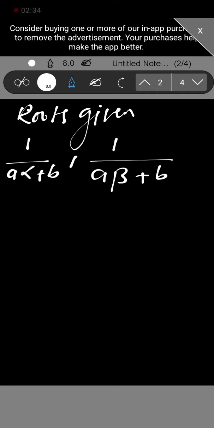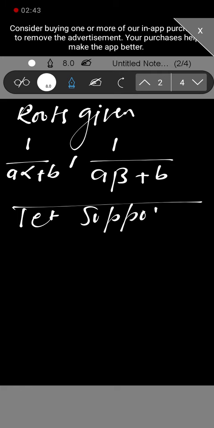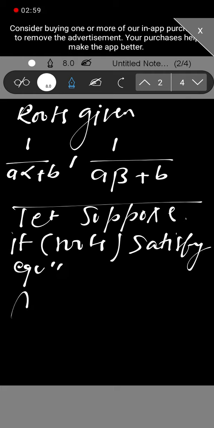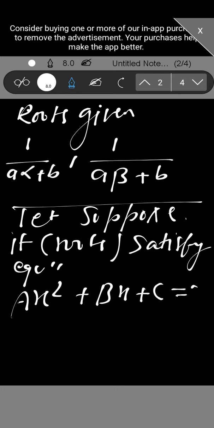Let's suppose they satisfy the equation ax² + bx + c = 0.